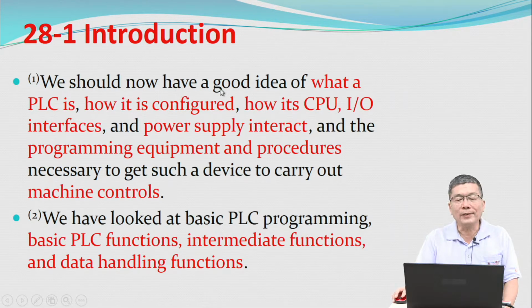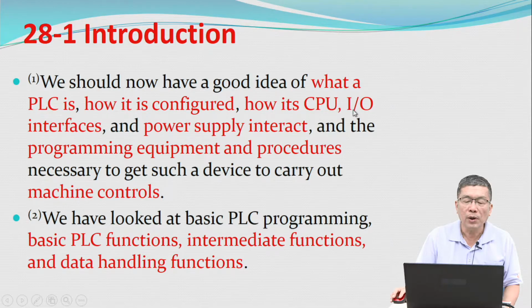We should now have a good idea of what a PLC is, how it is configured, how its CPU, I/O interface, and the power supply interact, and the programming equipment and procedures necessary to get such devices to carry out machine controls. We have looked at basic PLC programming, basic PLC functions, intermediate functions, and data handling functions.